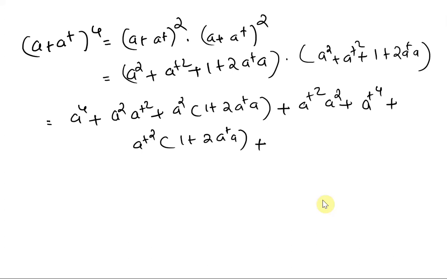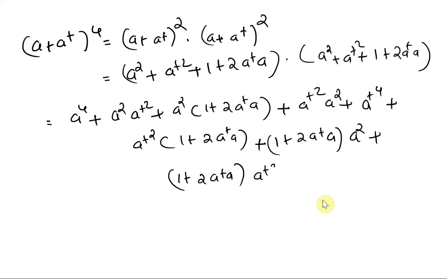Plus next component is this 1 plus 2 a dagger a multiplied with each of these terms, right? 1 plus 2 a dagger a multiplied with the a square, plus 1 plus 2 a dagger a multiplied with the a dagger square, plus 1 plus 2 a dagger a whole square.